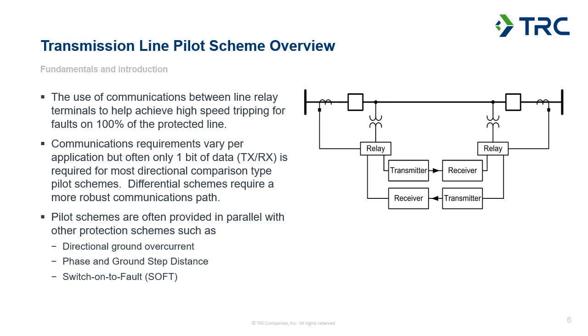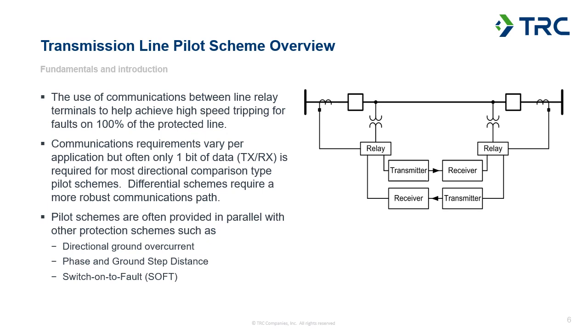So over the last couple classes, we've really been focusing on step distance protection as a scheme, and that's a widely used type of line protection scheme, largely due to its simplicity and ease of application.